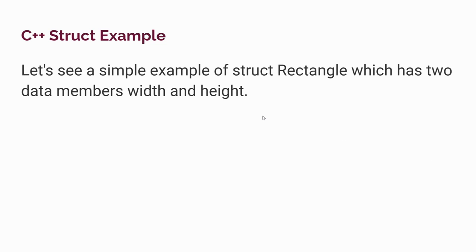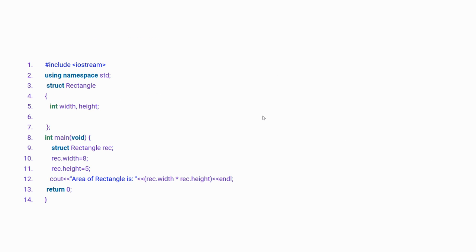Example: we'll see a simple example of struct rectangle which has two data members, width and height. We have created a structure named rectangle. In that we have int width comma height. After that we wrote the main function.